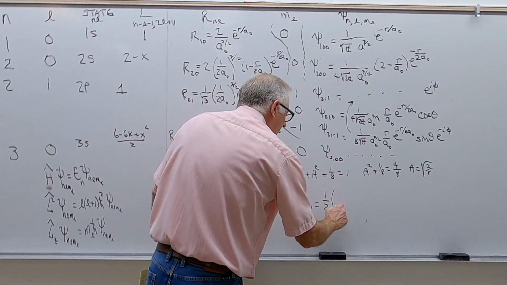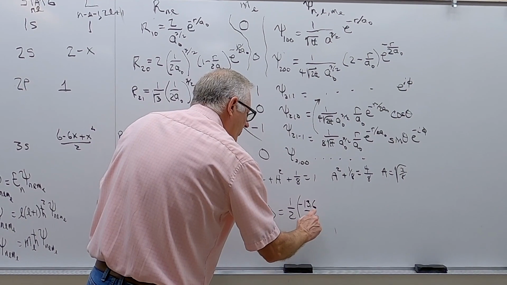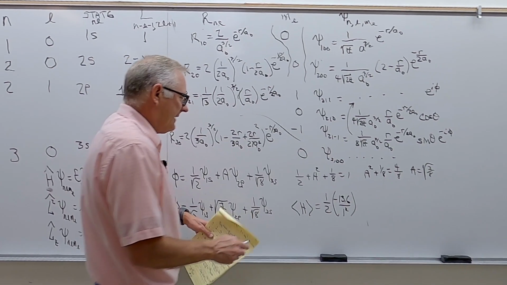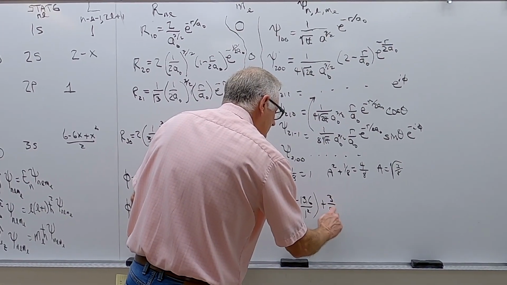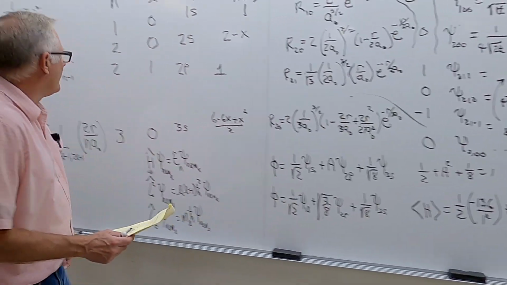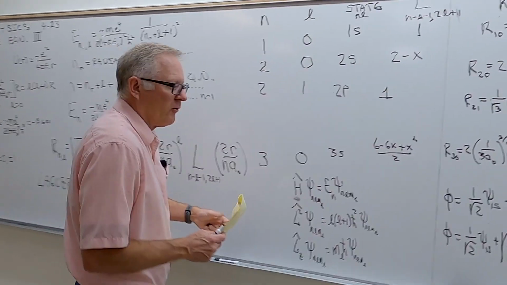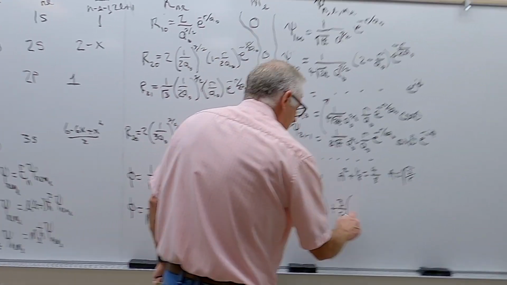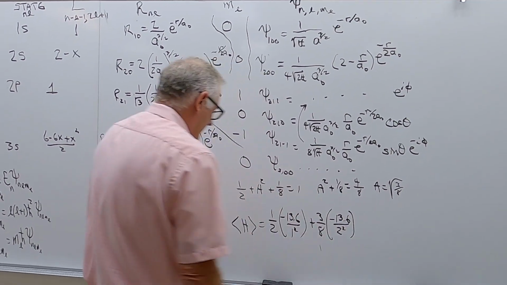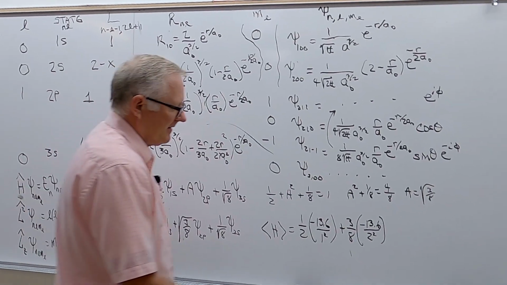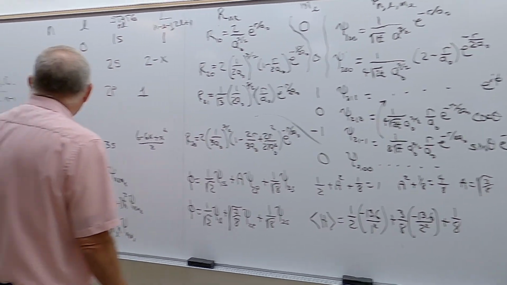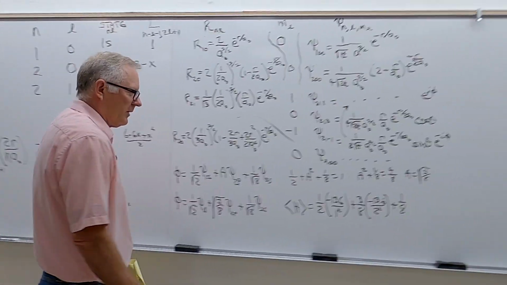Plus the probability of getting this one is 3/8, times the energy of this one. That's where n equals 2, so it's minus 13.6 over 2 squared. And then the last one is plus 1/8 times the energy of the third state, which would be minus 13.6 over 3 squared.